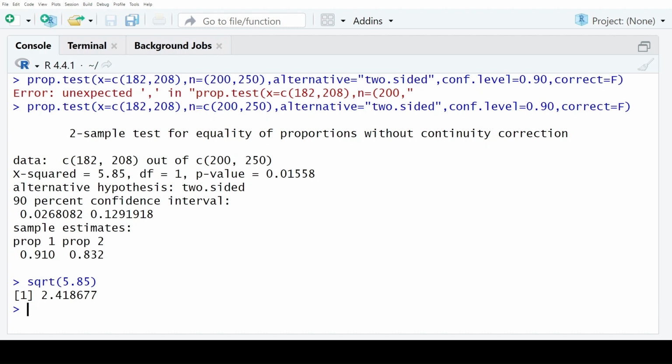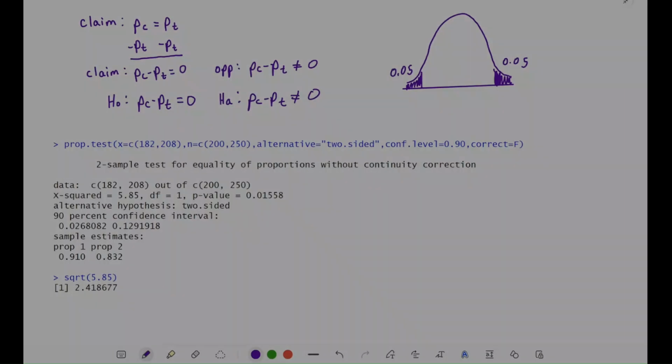I'm actually going to take a screenshot of this to copy over into the notes. Okay, and now I'm going to switch back over to the notes.